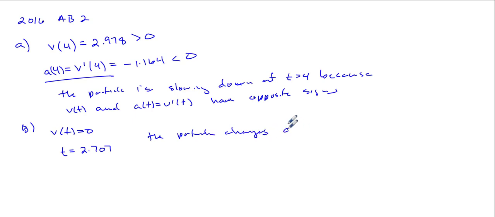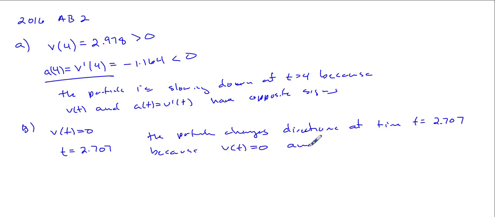The particle changes directions at time t equals 2.707 because v of t equals 0 and v of t changes signs. It did not say it had to change moving left to right or right to left, just changing directions. That should be good enough.